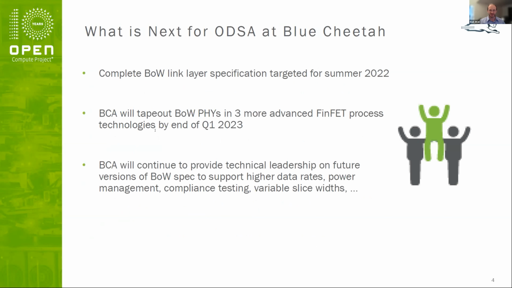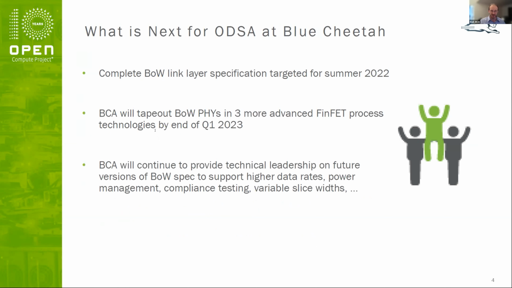So in terms of what's next for us, obviously BOW is on the cusp of being formally approved and released. So we're very close there. There's also a lot of work being done on the link layer specification. We're targeting to get that out formally in summer 2022. We within Blue Cheetah are going to be taping out at least 3 more additional Bunch of Wires PHYs in various advanced FinFET processes by basically the end of Q1 of next year.